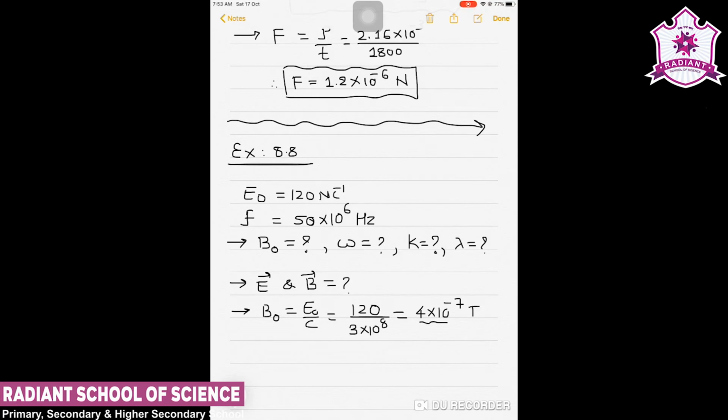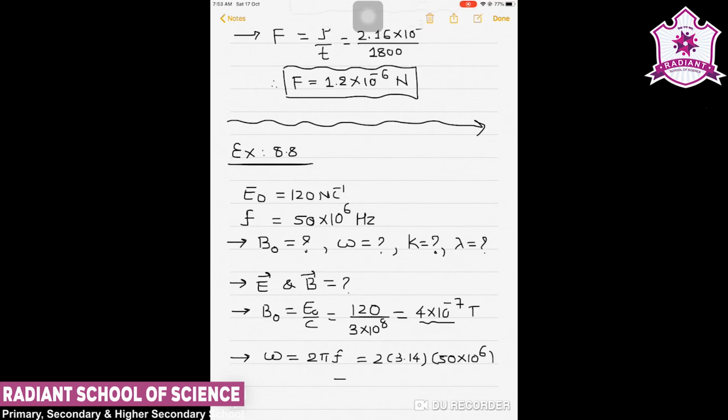Now we can write omega is equal to 2 pi f. So here it will be 2 into 3.14 into 50 into 10 raised to 6.